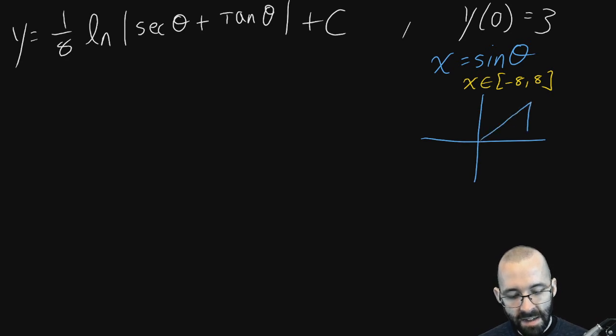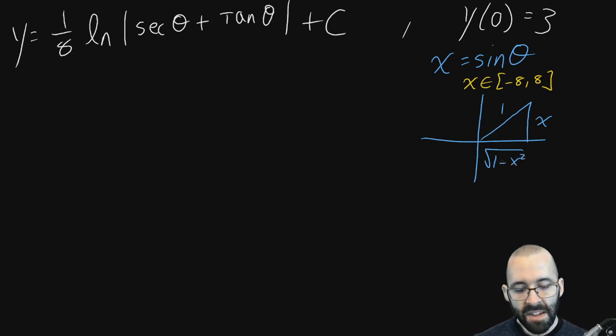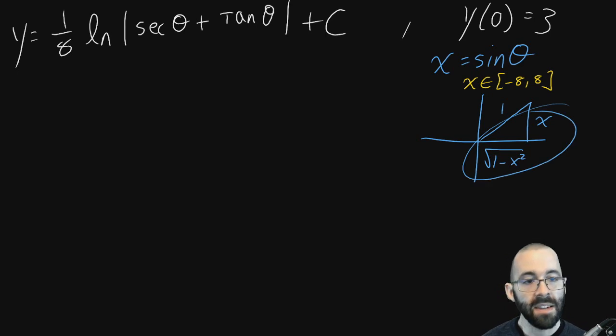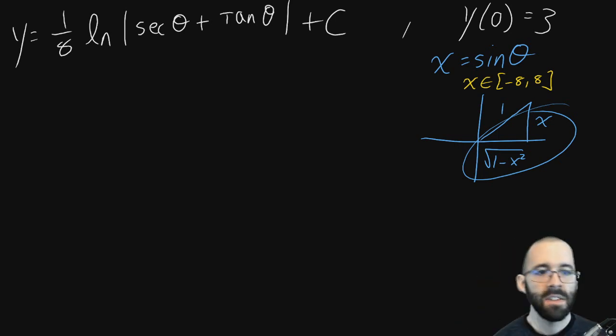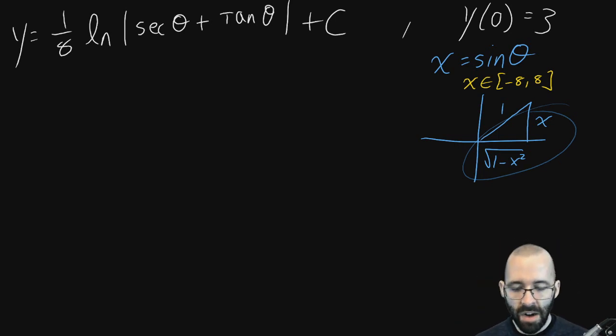So if theta is positive, then we know that sine of theta is x over 1. And this will be the square root of 1 minus x squared. So notice that tangent is going to be this. So if x is negative, this also still becomes negative. So it doesn't matter which way we draw our triangle, it'll still work out, which is good.